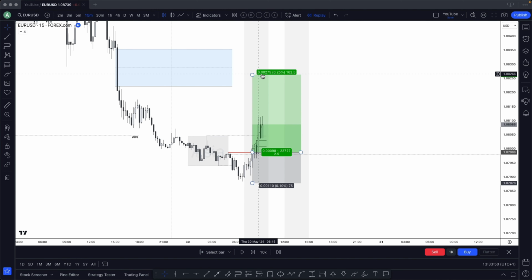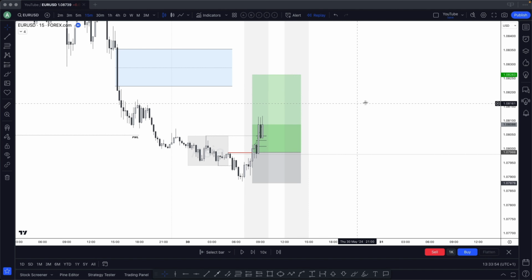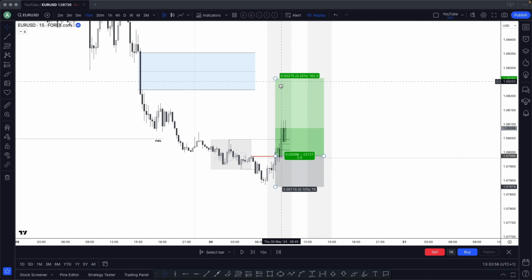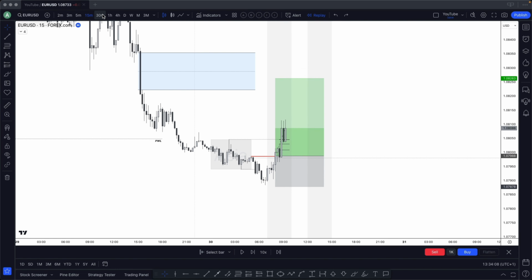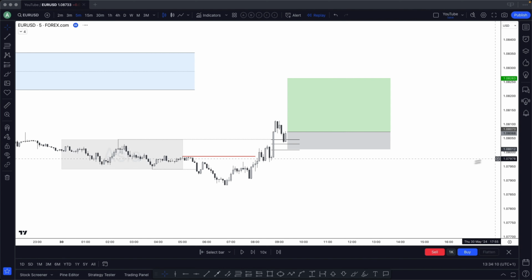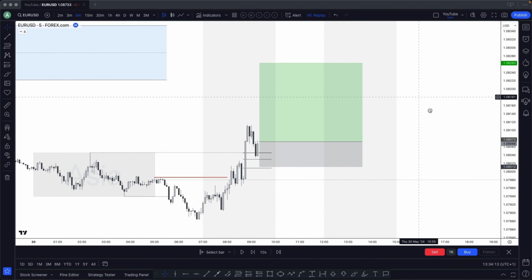Now, some people wonder why my take profit was here. Plain and simple, this is the area that would pass my funded challenge. And it was in a decent area as well. I didn't have to push price too far. If it was sort of above this area, then I would have probably not gone with this. But because it was only just inside this 15-minute displacement, I was happy to put that there.